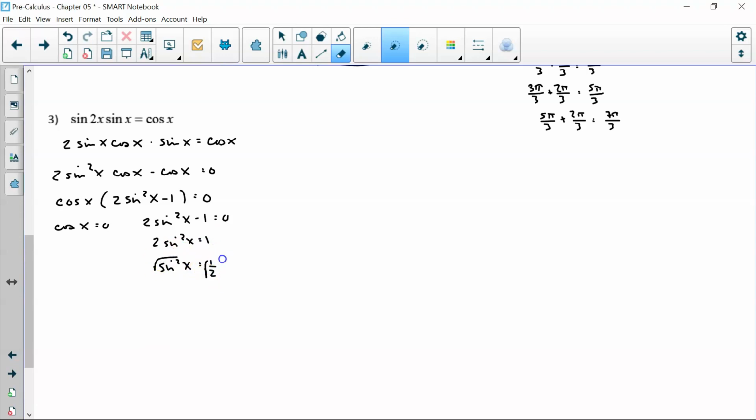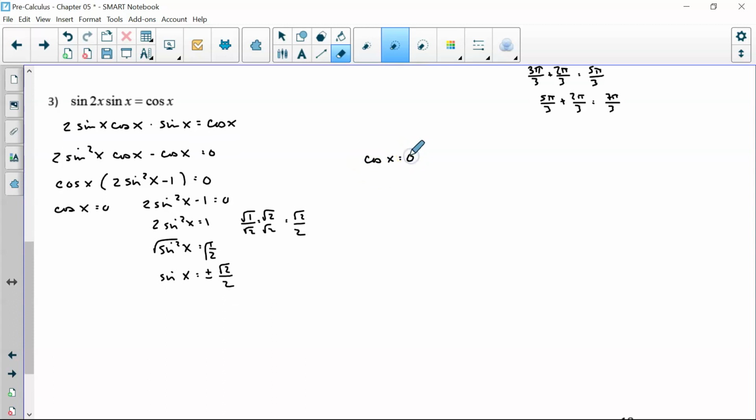And then we take the square root of both sides, so the sine of x equals plus or minus the square root of 1 over the square root of 2. When we rationalize that, we multiply by root 2 over root 2. So we get root 2 over 2. Now, when cosine of x equals 0, for our solutions, it's at the quadrant angles.